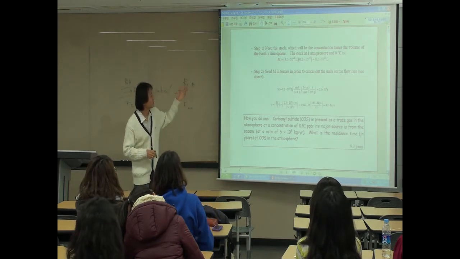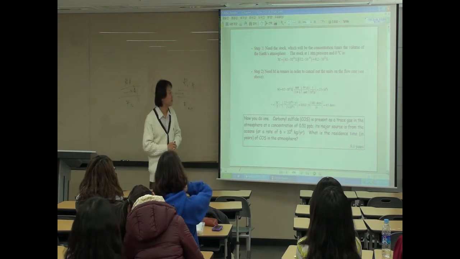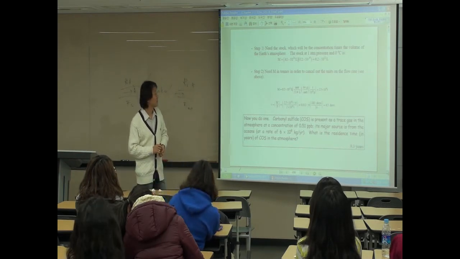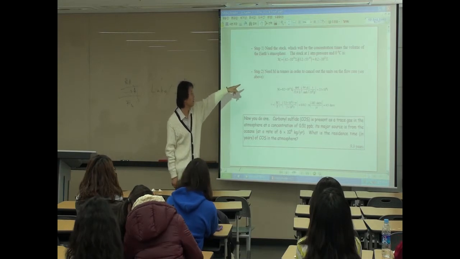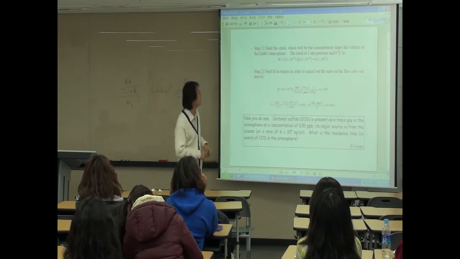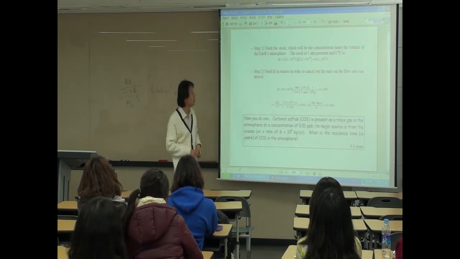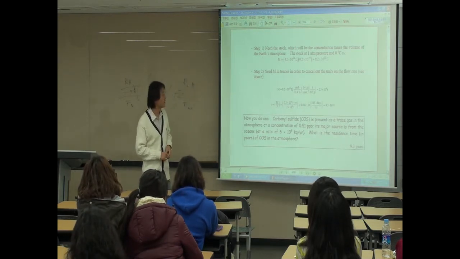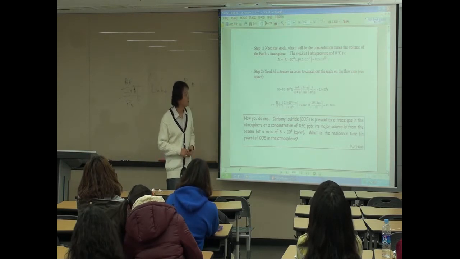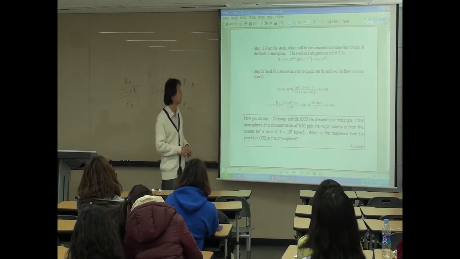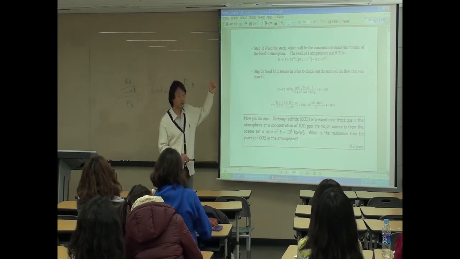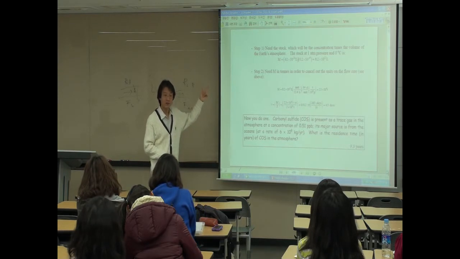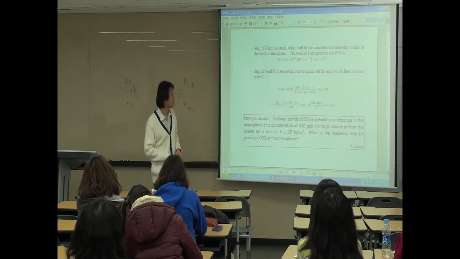So first you need to know the stock, which is concentration times the volume of the Earth's atmosphere. We already calculated the volume and also the concentration of the atmosphere in the previous lecture. So the stock is 8.2 times 10 to 11 liter, and then we need it in tons because the rate is related to tons.